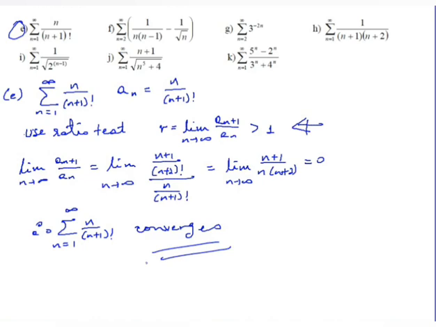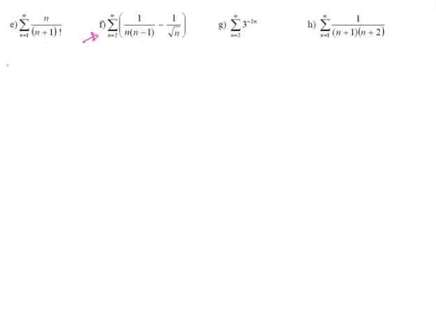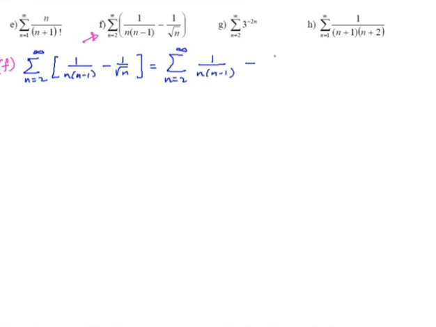So this is how we work it. Let's see the f part. Here in f we have the summation, n starts from 2 up to infinity, of 1 over n times (n minus 1) minus 1 over radical n. So using the property of sigma notation, we can write this separately: 1 over n times (n minus 1) on its own, and 1 over root n on its own. Now there is one thing we need to know here.